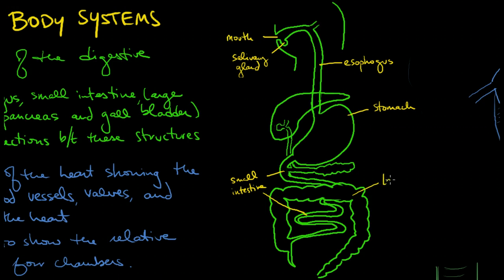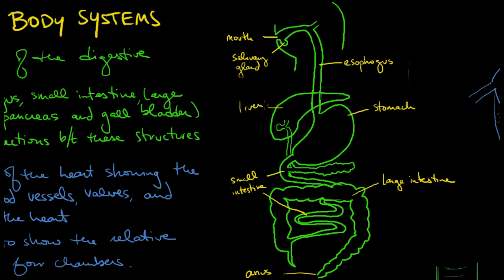And here's the large intestine. And over here is the anus. So this is the pathway that food travels through as it goes through your digestive system: through the mouth, the esophagus, the stomach, the small intestine, the large intestine, and out. Undigested, unabsorbed materials go out the anus. But there are a few other structures on here that you need to know.